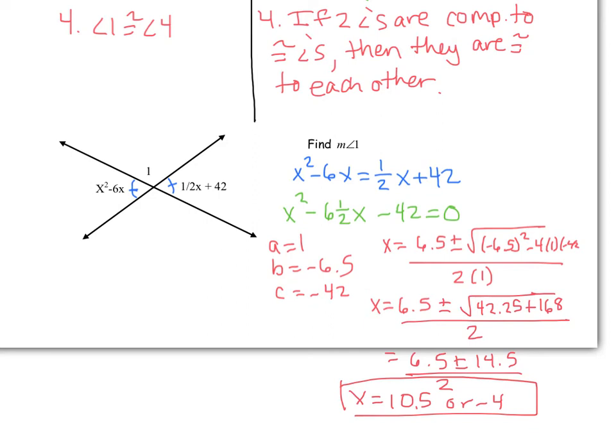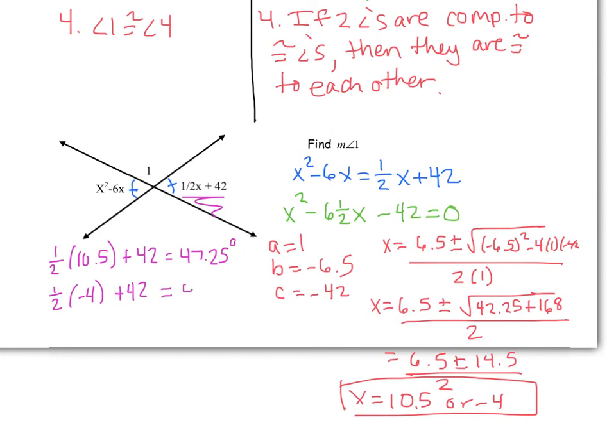So, when I plug it in to find angle 1, I'm going to start with the 10.5. I don't know what angle 1 is, but I'm going to choose this one on this side. This looks a little bit easier to me. So when I plug it in, I get 47.25. When I plug in -4, I get 40 degrees.